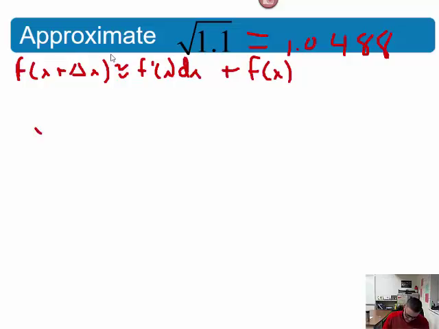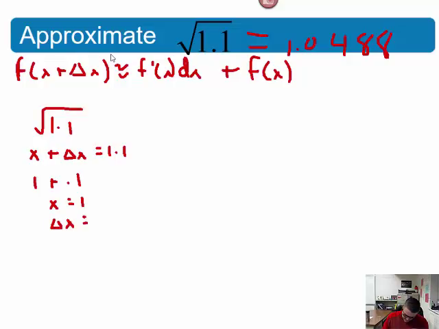When I see the square root of 1.1, let's treat that 1.1 as x plus delta x. So x plus delta x equals 1.1. If I make x 1 and delta x 0.1, that equals 1.1. So x is 1, delta x is equal to 0.1 or 1/10. We can see that 1 plus 0.1 equals 1.1.